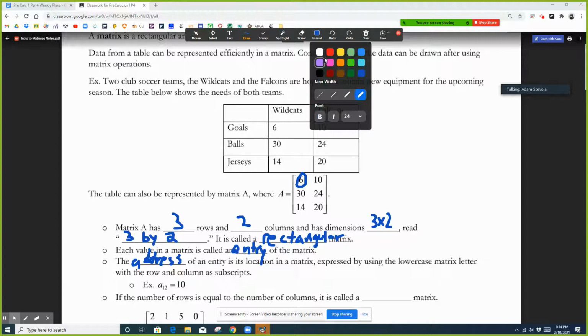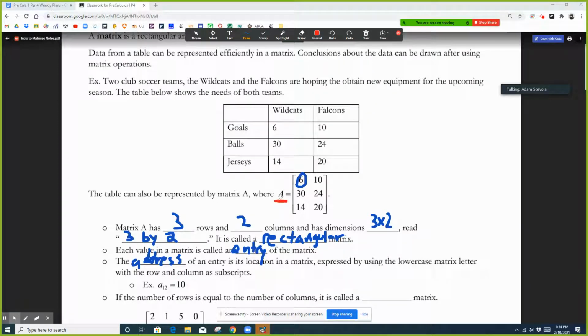So whereas this capital A represents the whole matrix, lowercase a followed by 2 digits represents like one element and its location. So A12, that would be like A, the element of the first row, second column. So it's going to be 10. So those little numbers next to the lowercase letter tell you the location of each value. Okay.